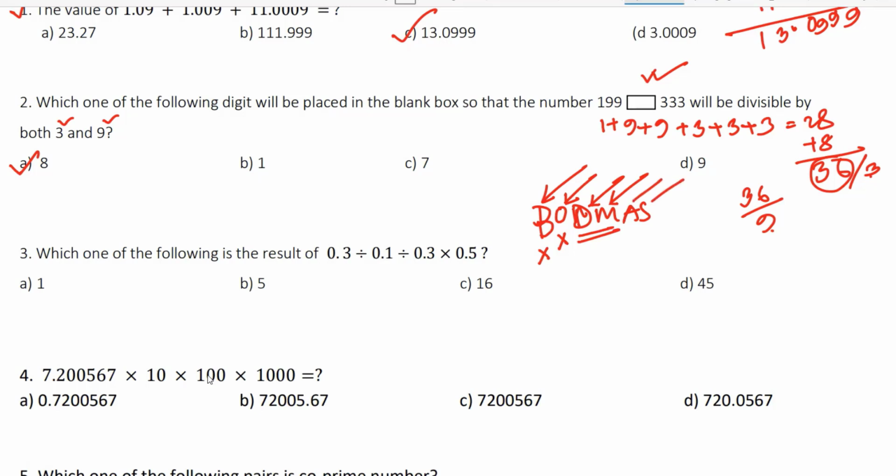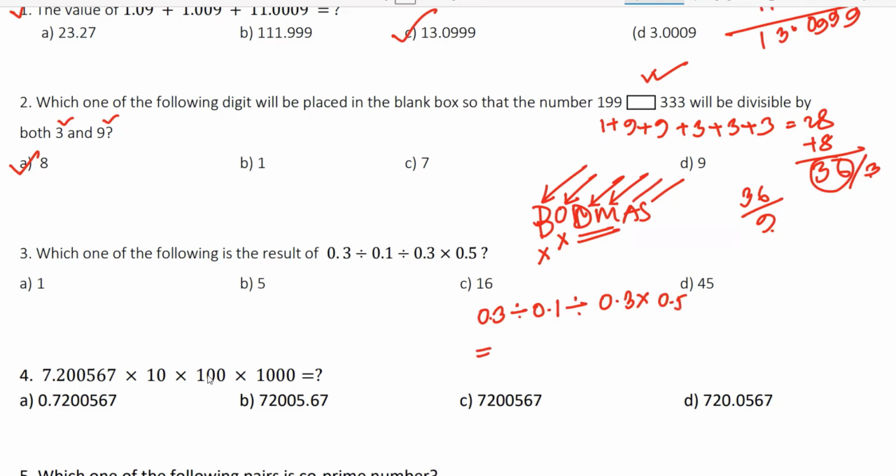So now start with the divide. Here 0.3 divided by 0.1 divided by 0.3 multiplied by 0.5.